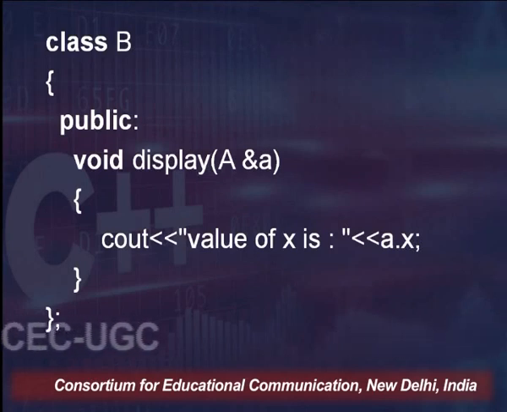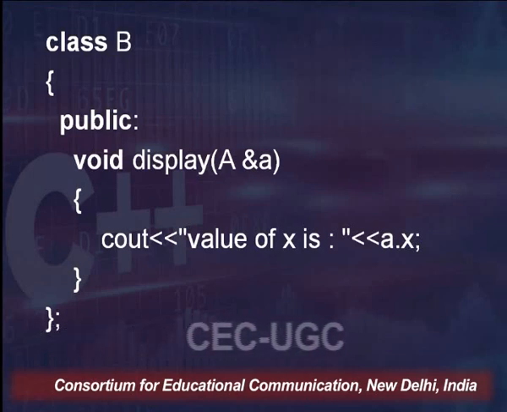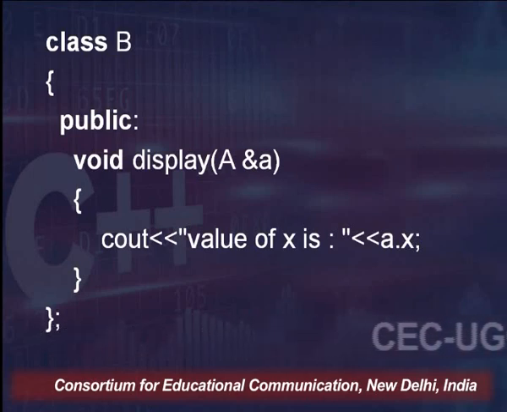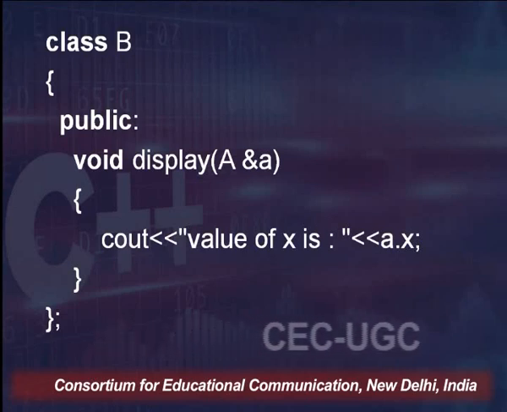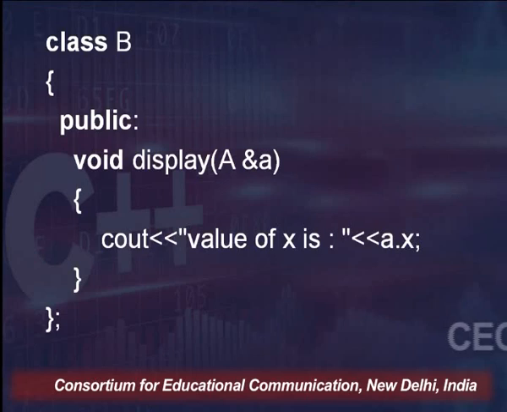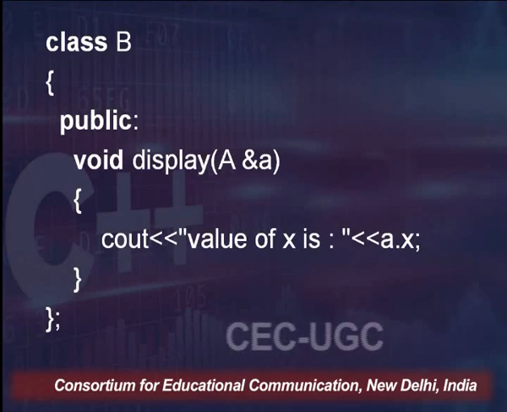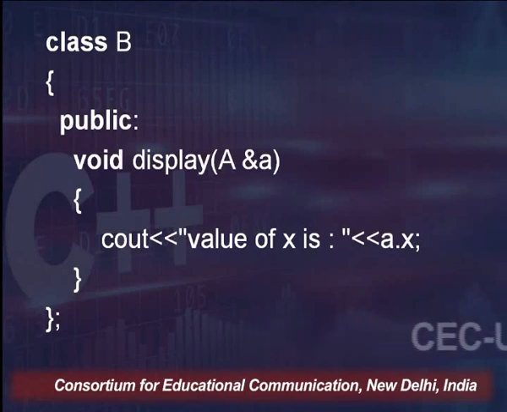So now let us consider this. Class B is a friend to class A, and as class B is a friend to class A, it is allowed to access even the private members. In order to access those private members, class B takes help of a member function which belongs to itself, which is display, and within this display we have passed the object reference.